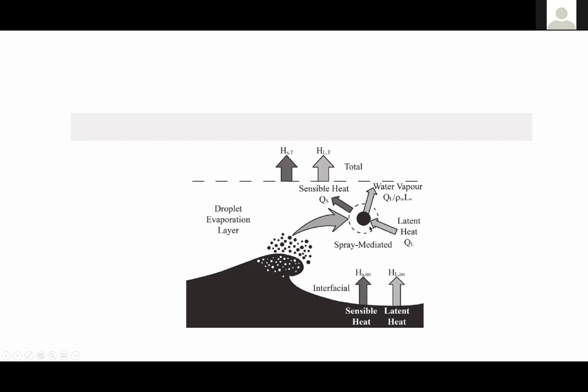And then as the droplets are in the atmosphere, they can give up sensible heat to the atmosphere and take on latent heat, either by evaporation or by freezing. So the total sensible and latent heat fluxes from the ocean to the atmosphere are actually a sum of these. So when you have waves, you can have an enhancement of the heat fluxes.